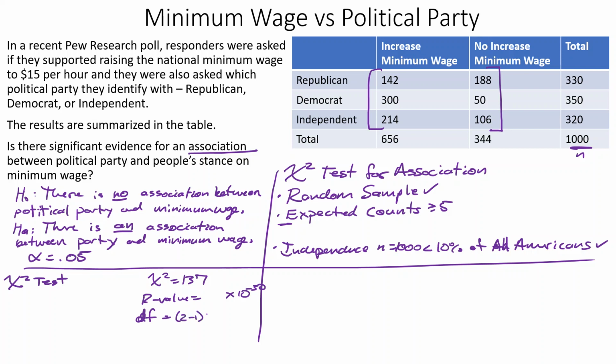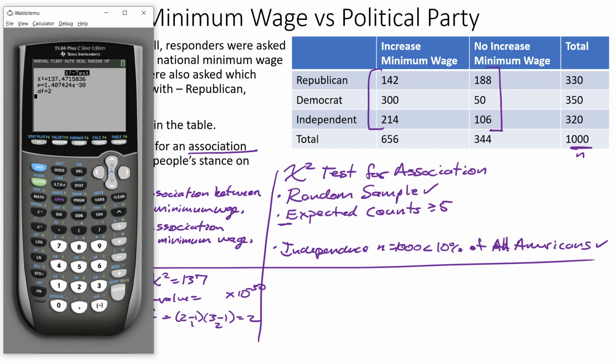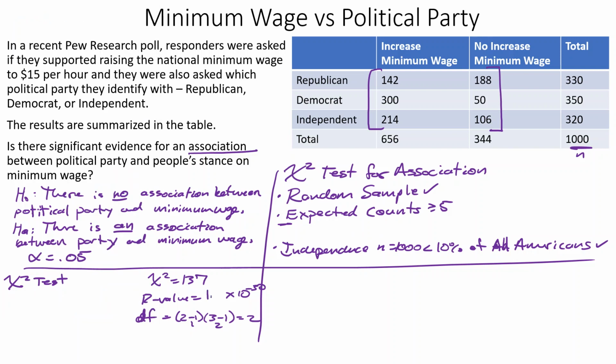So it was 2 minus 1 times 3 minus 1. So that's 1 times 2, which is 2. Did our calculator calculate that? It did. Yep. And this was 1.4 times 10 to the negative 30th. That means there'd be 29 zeros in front of that. Our p is essentially 0. It's the smallest p-value I think we've ever gotten.